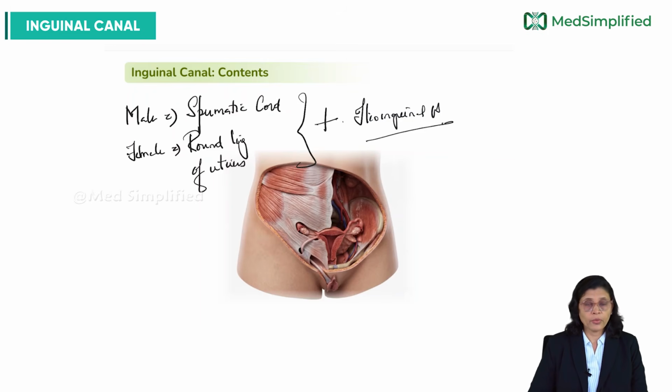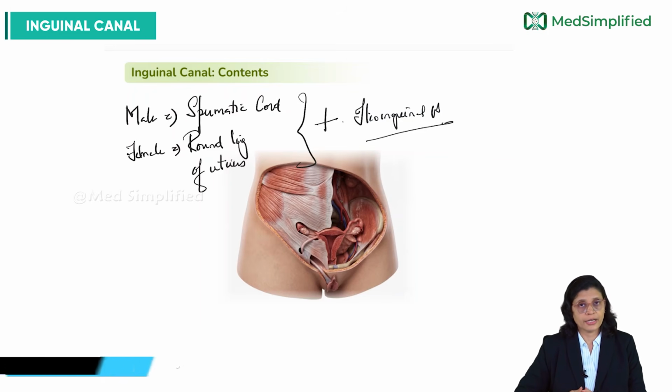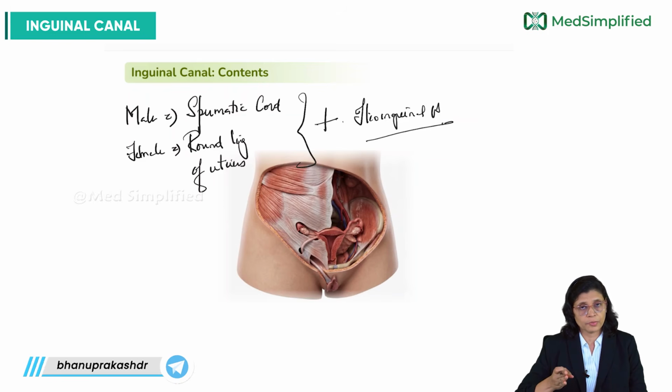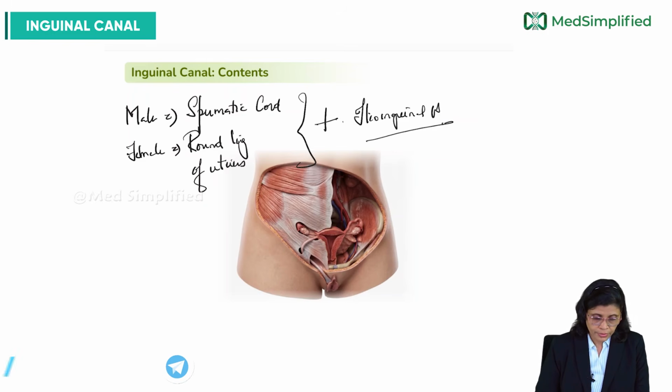This ilioinguinal nerve forms a partial content; it does not enter through the deep ring, it pierces through the muscle wall and then forms a content of the inguinal canal. So that is about the contents.